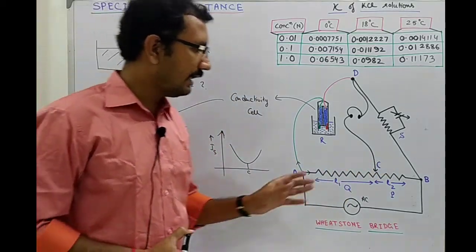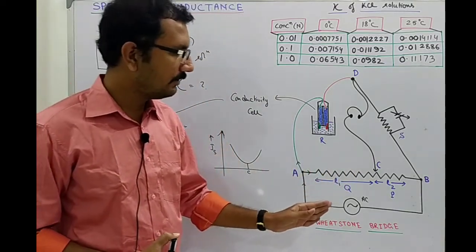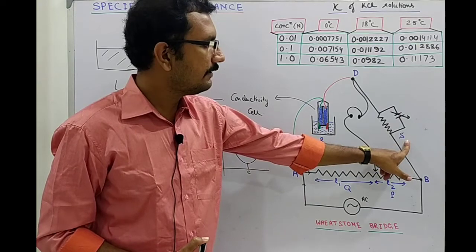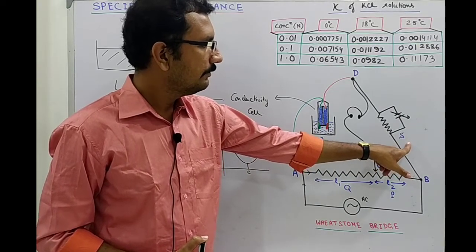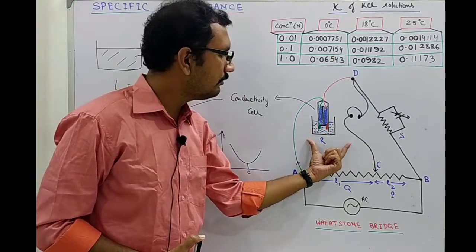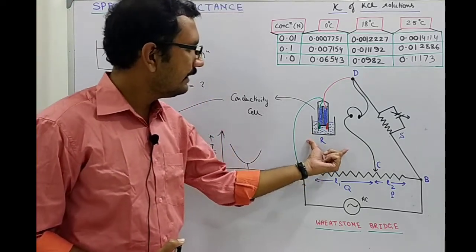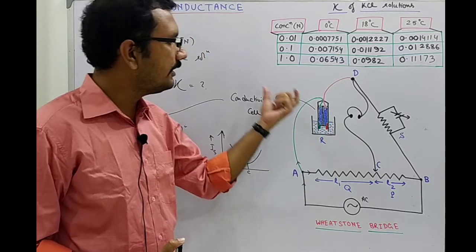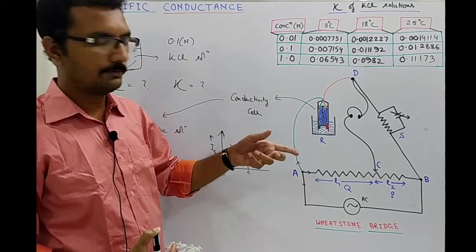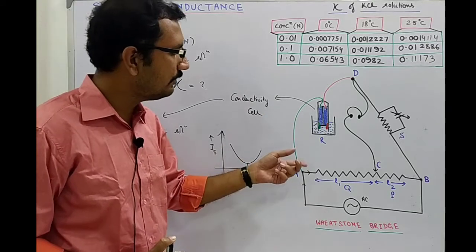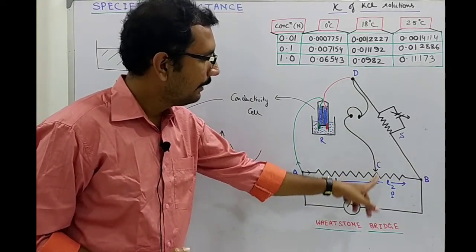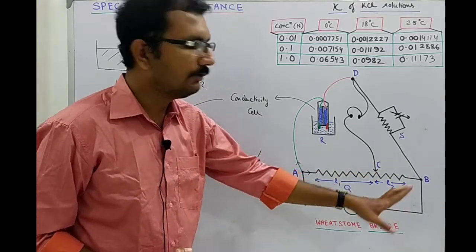So, the Wheatstone bridge will have 4 arms. One arm BD has a definite resistance that is known to you, that is of your choice, and another has the unknown resistance of the solution supplied to you, whose conductance and specific conductance you want to know, and the other two arms are obtained from the sliding of the jockey over the uniform wire.